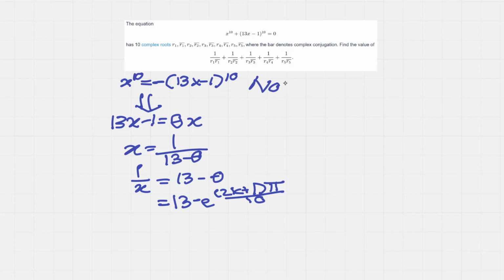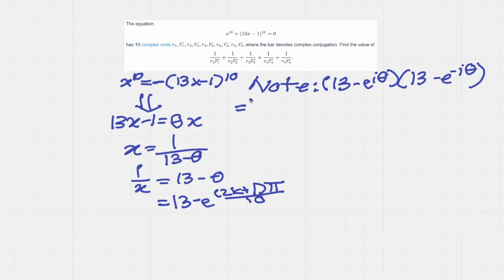So we're going to have some kind of summation for the solution. Let's look first at a brief aside. What happens when you take a complex number, 13 minus e to the i theta, multiplied by its conjugate?